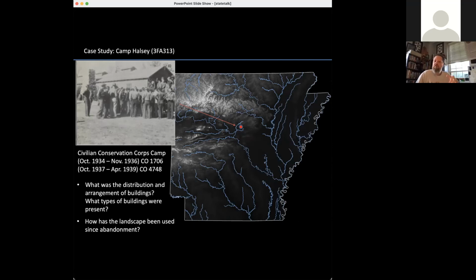So we've got an approximately 11-month window between those two occupations when it was not occupied, but the buildings remained standing during that middle abandonment. But by the final abandonment in April 1939, all of the standing structures, the wooden buildings, were removed, okay?